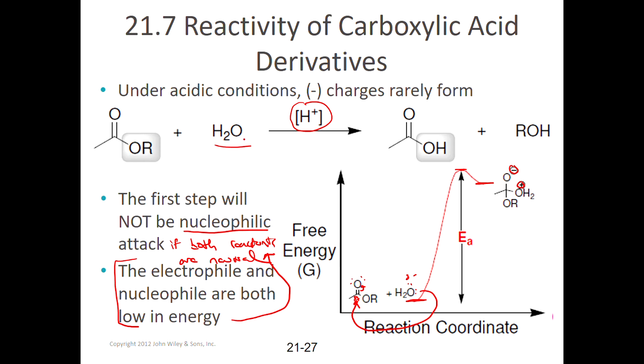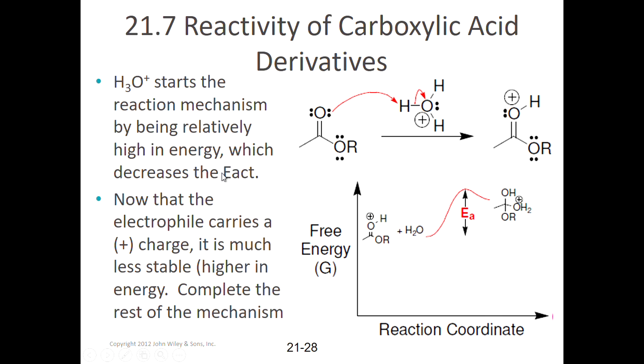So really this is a combination of H2O, and some of the water will pick up that proton, so we'll have some H2O, and we'll also have some H3O+. So when the ester comes in contact with that, the first thing that's going to happen is the ester is going to pick up that proton and become protonated.